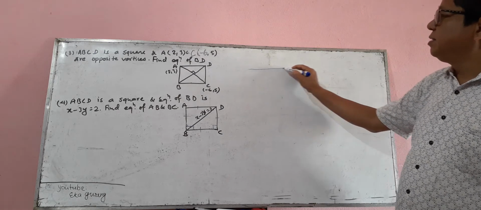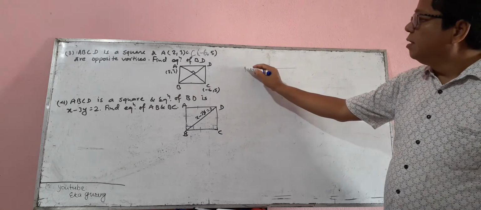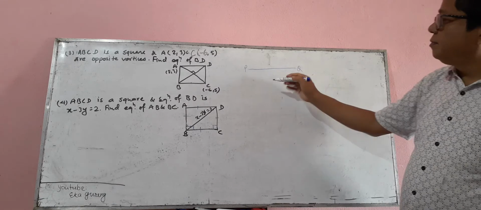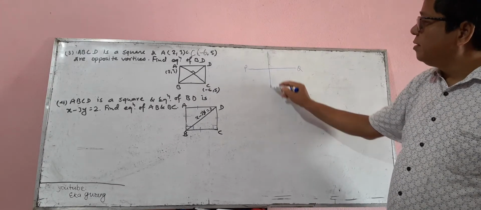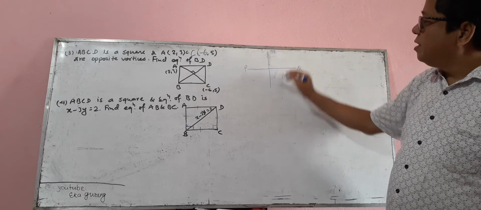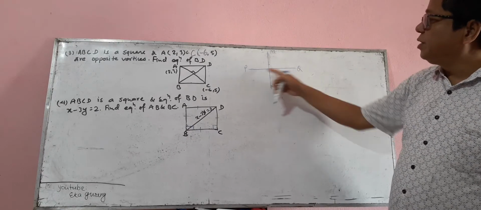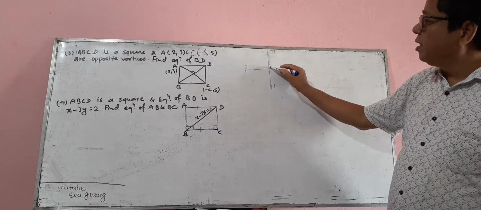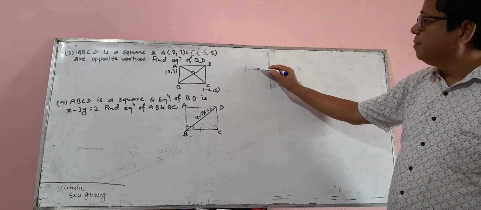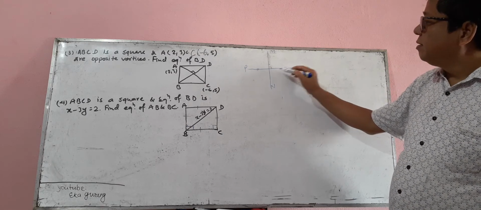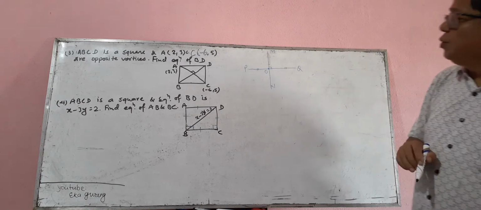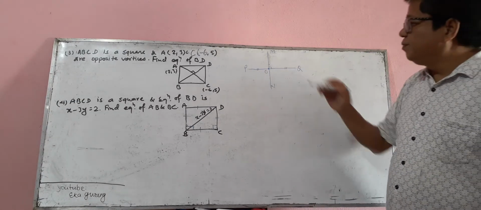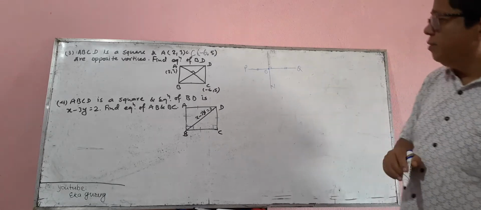Look at this, the line PQ, and suppose the line MN bisects PQ perpendicularly. Bisect means that MN divides PQ at point O perpendicularly.